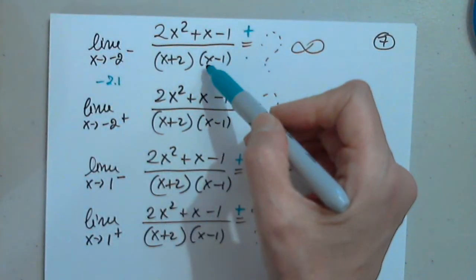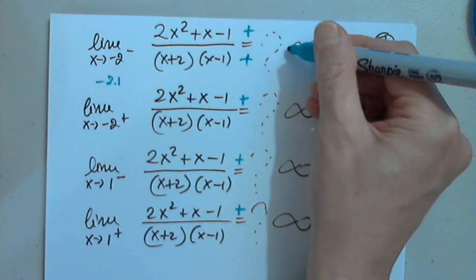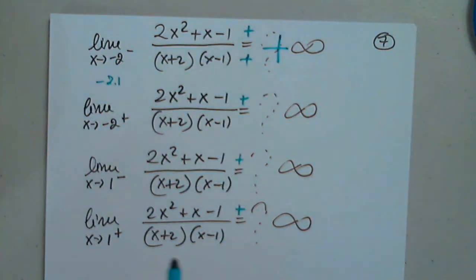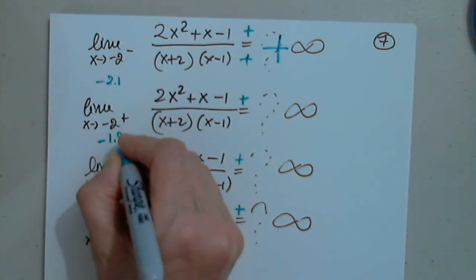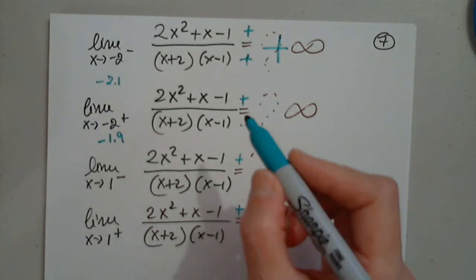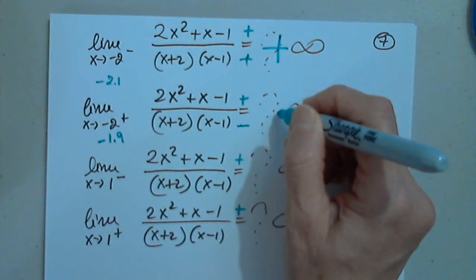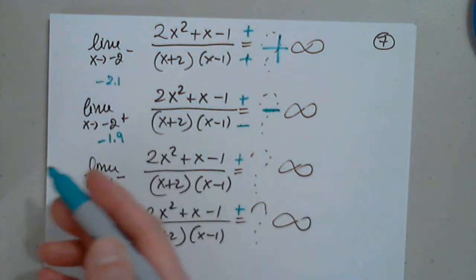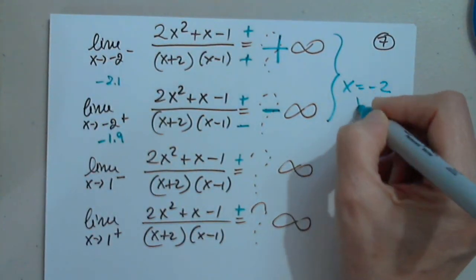Yes, because this is negative and this is negative. So then I know the sign here. Positive. Done. So please plug in -2 from the right, which is -1.9. Plug it in and give me the sign, just the sign. Negative. Then we know the sign for the limit, and you see the limit. Thank you very much. The limit operator went away. No question. X equals -2 is a VA.